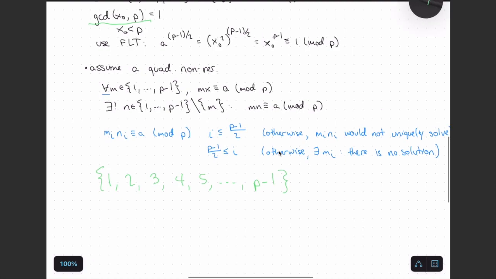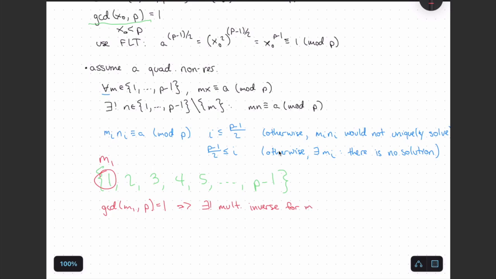We're going to take an m1 and we're going to find, using its multiplicative inverse, so the GCD of m1 and p is 1, so therefore there exists a multiplicative inverse for m, which is unique. And we can solve this equation, m1 x is equivalent to a.